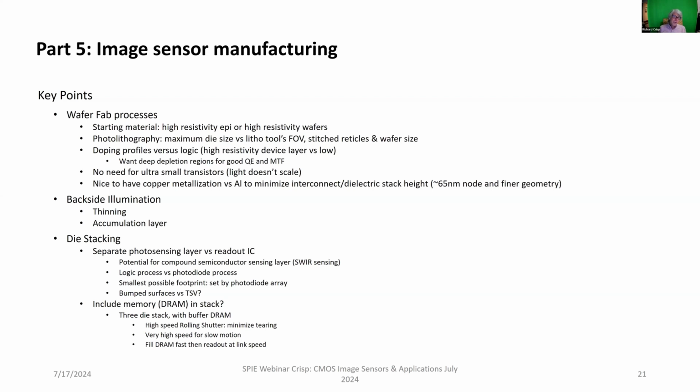There's another issue, which is the photolithography. A lot of times image sensors physically are very large. And with modern photolithography tools, the steppers, they actually have a maximum size exposure that they can make. And that oftentimes is smaller than the size of the image sensor you might like to make.